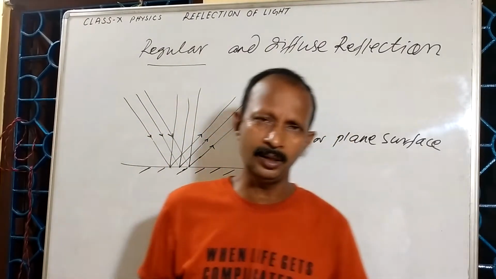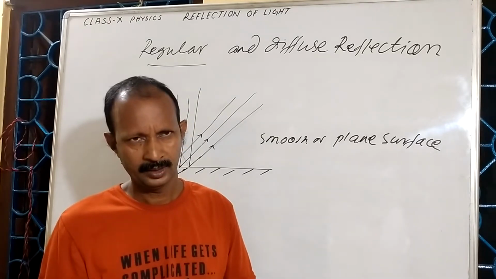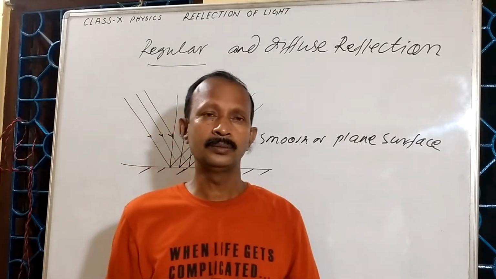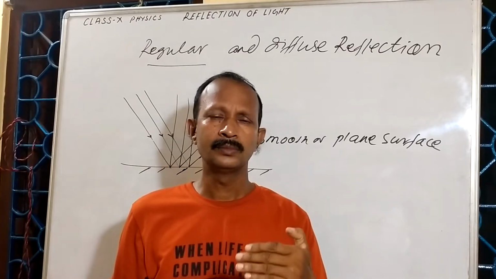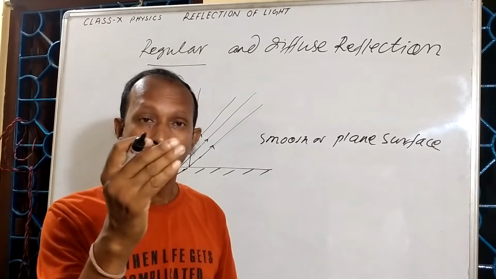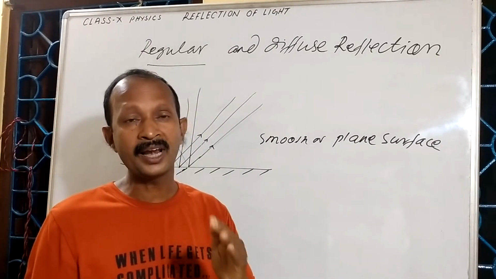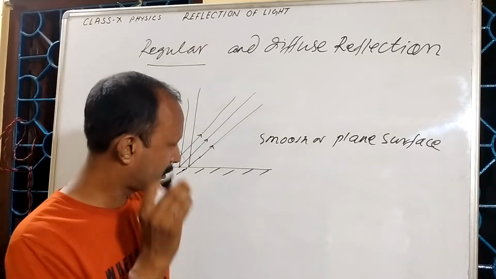Suppose in the case of a cinema hall, the light coming from the projector also makes a real image on the screen. That is also an example of regular reflection.